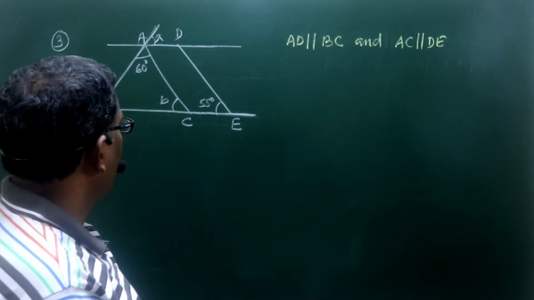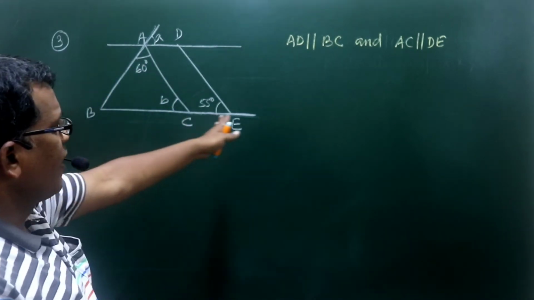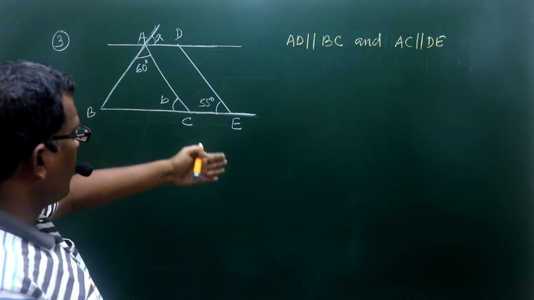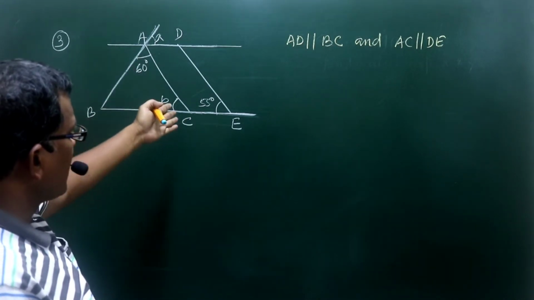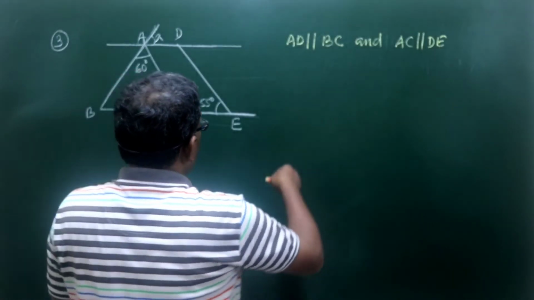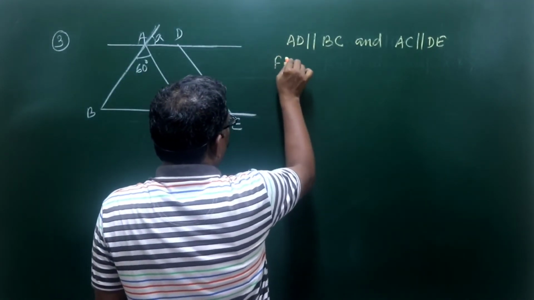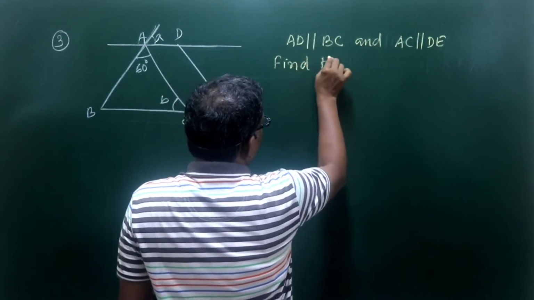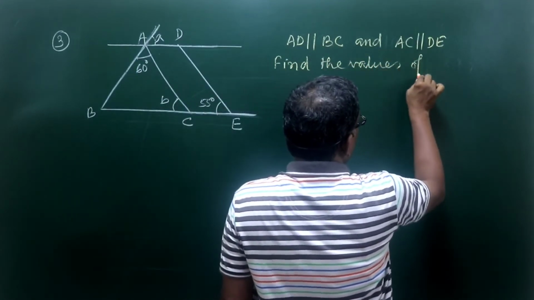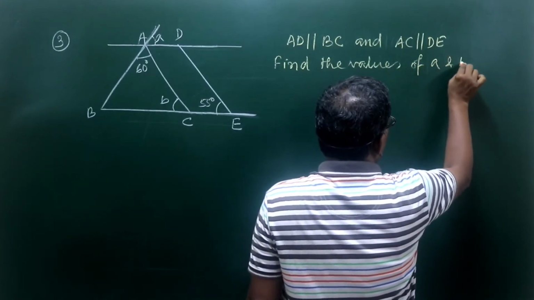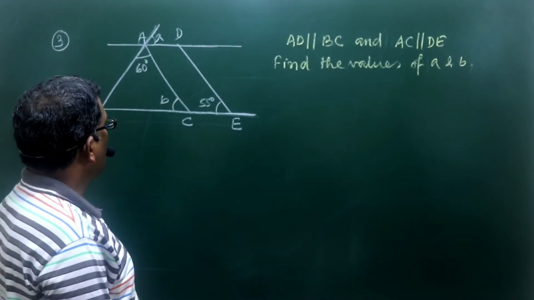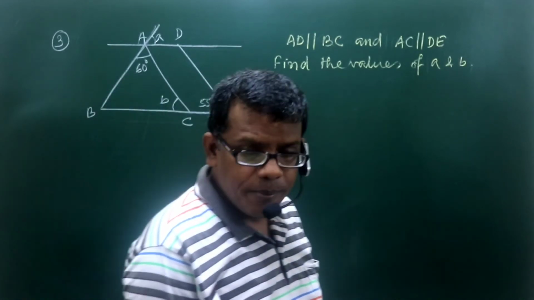One set of parallel lines is AD parallel BC, horizontal lines, and then the slant lines AC further parallel to DE. Then what we have to do is find the values of A and B in terms of the angles shown in the diagram, right?